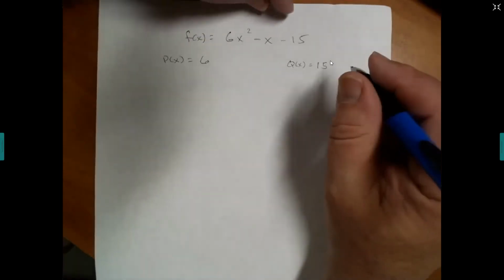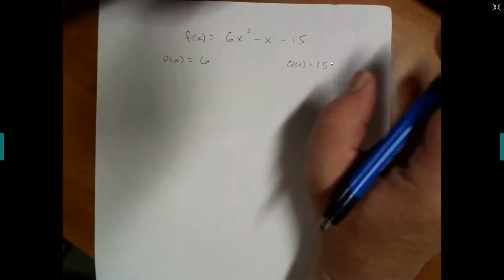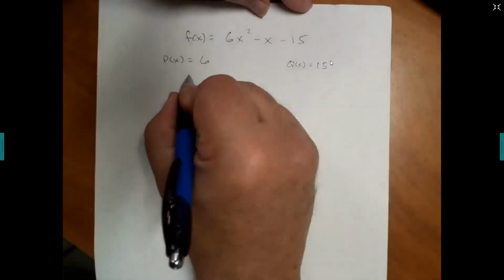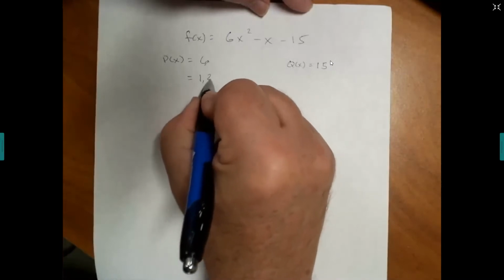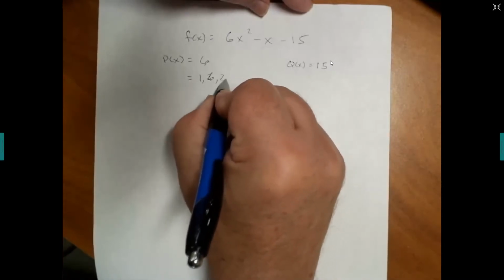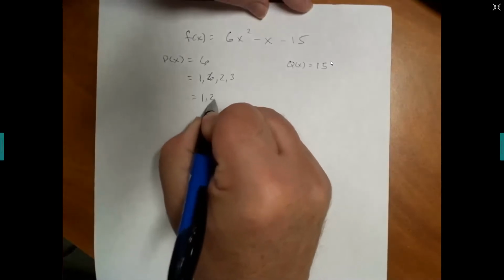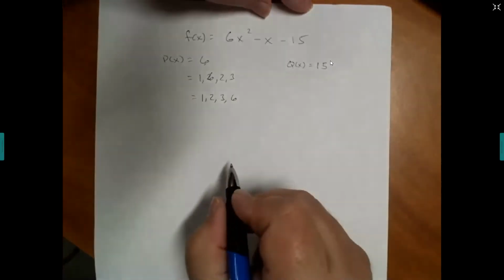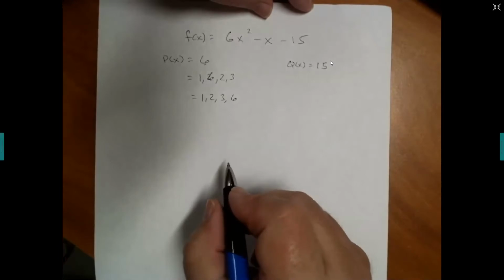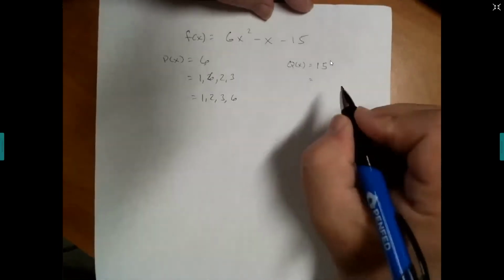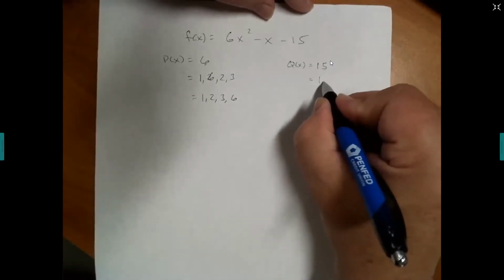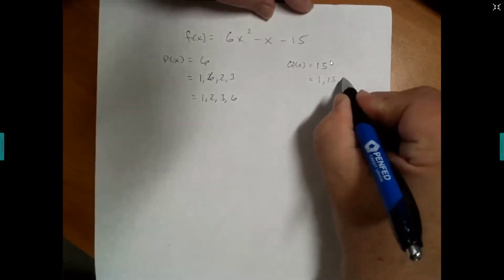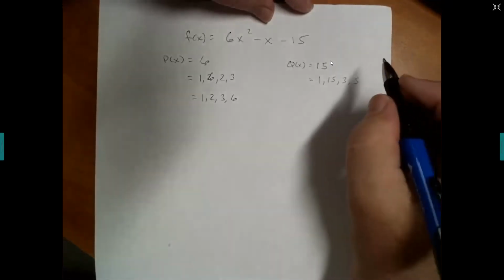I'll show you why in a second, because the formula itself is a plus or minus. We'll take a plus or minus of everything. So now factor this out. What makes up 6? 1 times 6 and 2 times 3. So 1, 2, 3, 6 are all my possible values of P. What can Q factor out into? 1 times 15, 3 times 5. That's it.